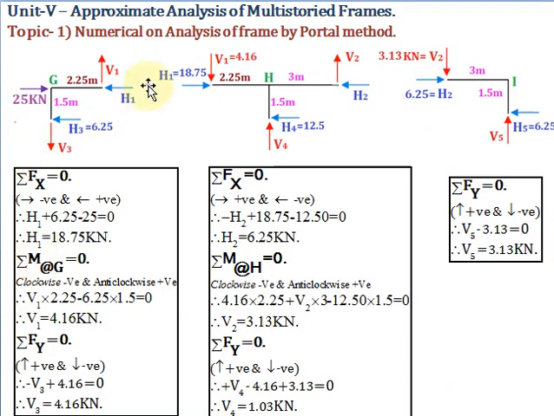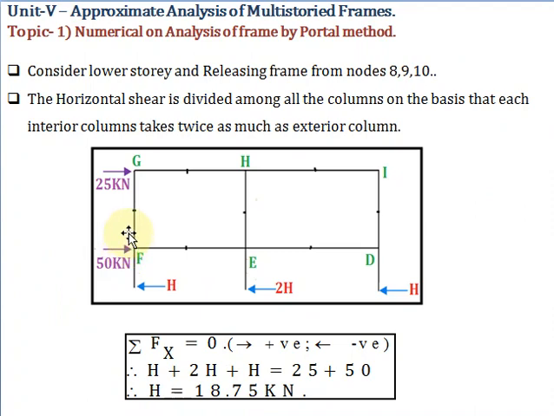Then we have considered the free body diagrams of joints G, H and I and found out the forces in the remaining members by applying the equilibrium equations. Now consider the lower story. First we considered the upper story and released the frame from nodes 4, 5 and 6.